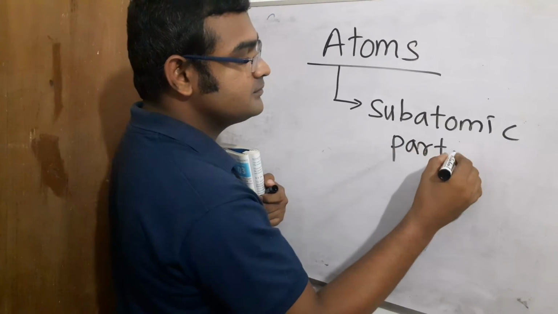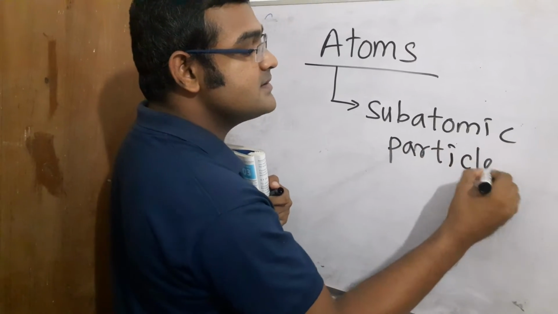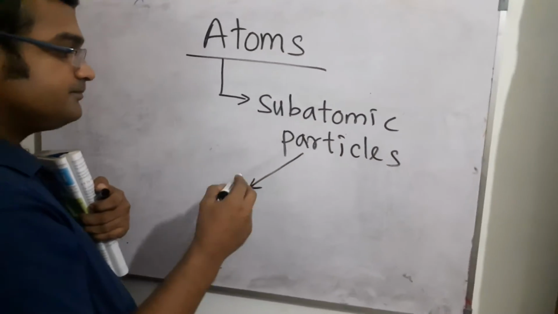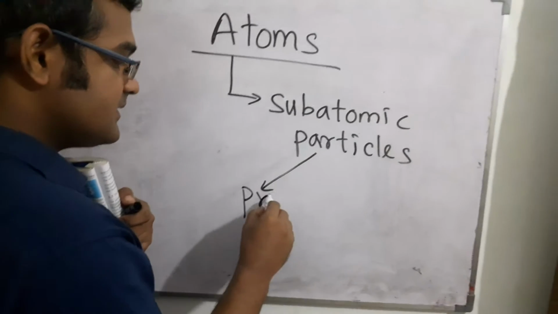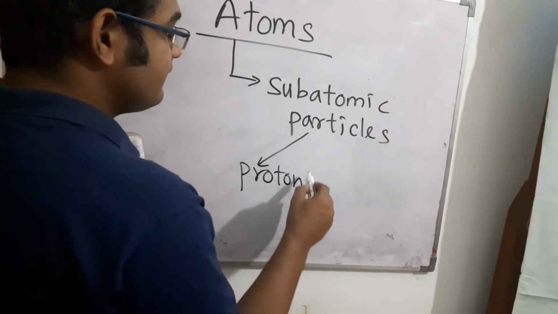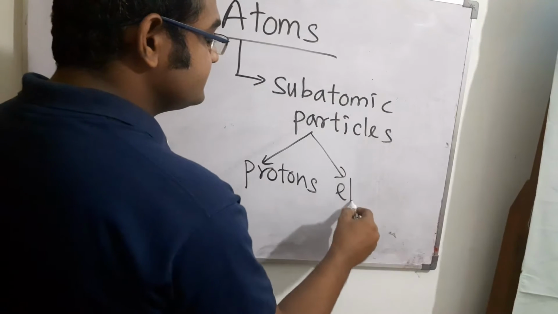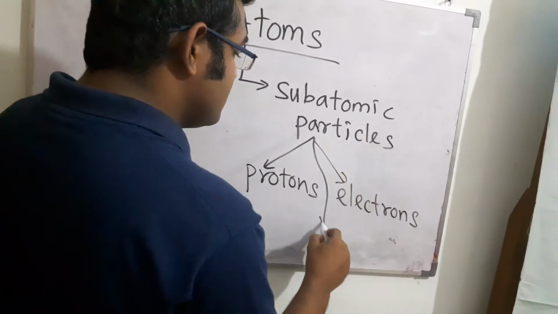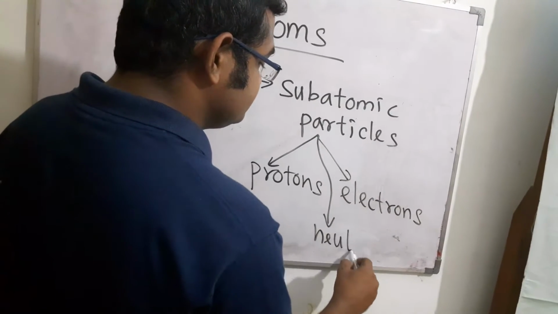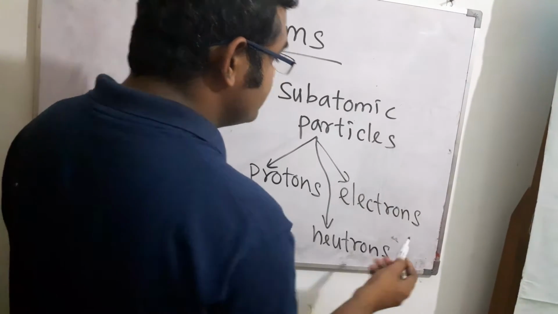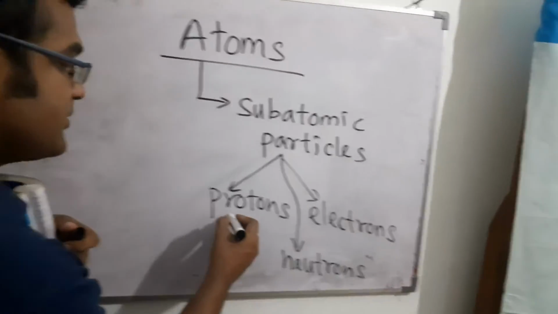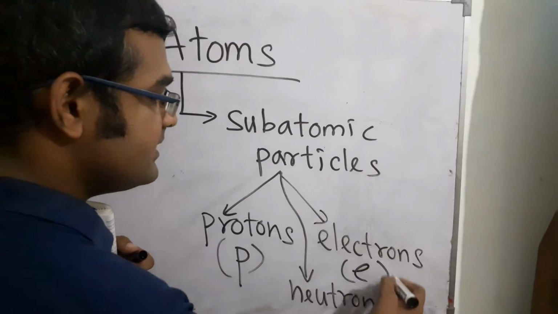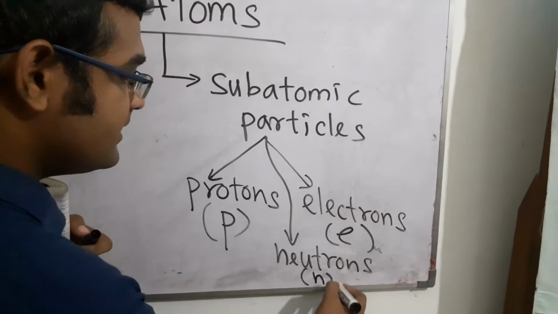They are of three types: protons, electrons and neutrons. Protons we can indicate by simple P, electrons by E, and neutrons by N.